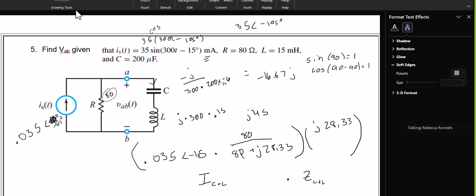It says 200 microfarads, and I put in 300 microfarads. Oh, no, that's the omega. Never mind. So omega is 300. No, it's already subtracted.